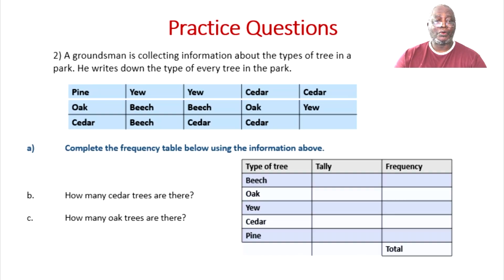Pine, oak, cedar, yew, beech, yew, beech, cedar, oak, cedar, yew. A. Complete the frequency table below using the information above. How many cedar trees are there? How many oak trees are there?